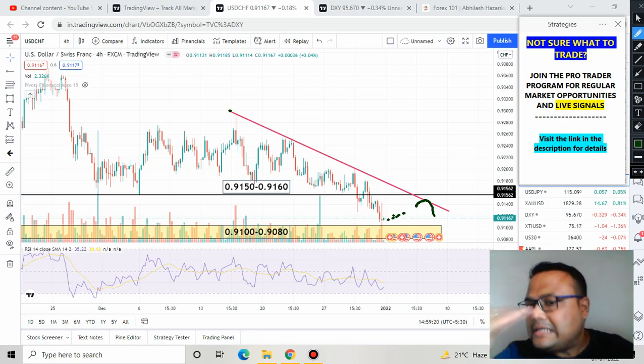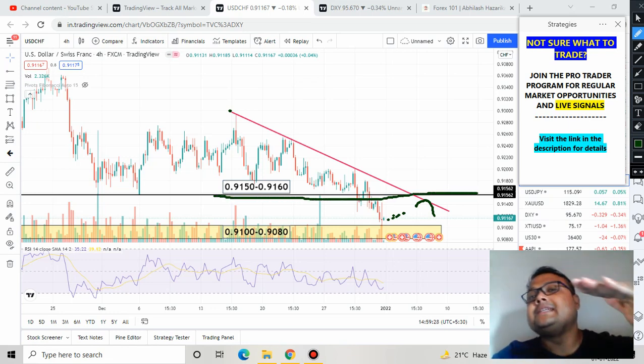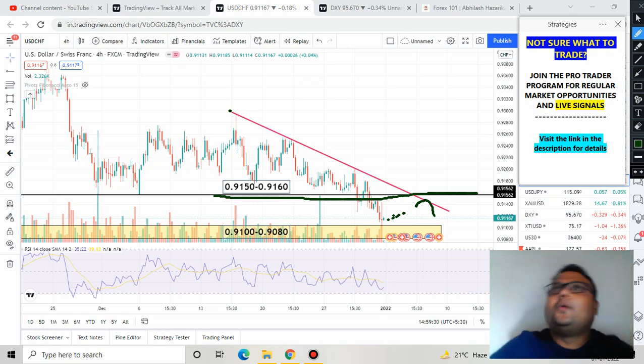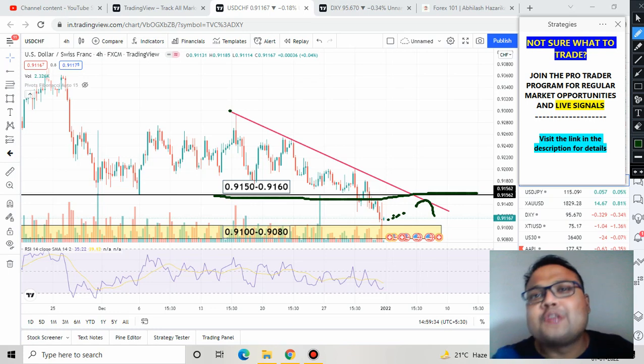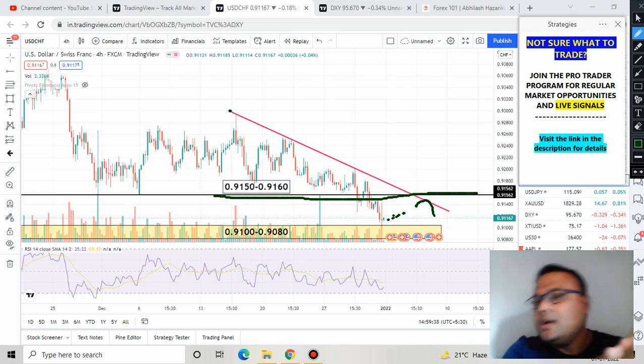And apart from this level, we also have 0.9150 to 0.9160, this level also acts as a resistance in the market. If you're wondering why this level is important, where it came from, this level belongs to the weekly chart. This was previously the support on the weekly chart, but right now the market is trading below the support.